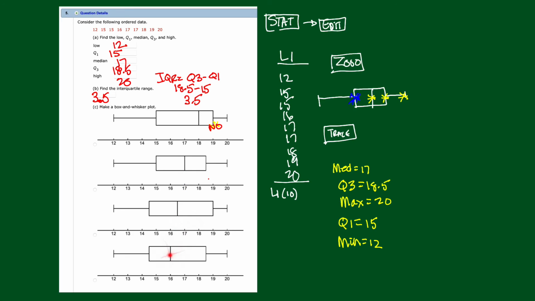No. And no. There's only one that has a median of 17. So I'm going with this one here. It must be this one right here. Anyway, I'm going with that one right there.